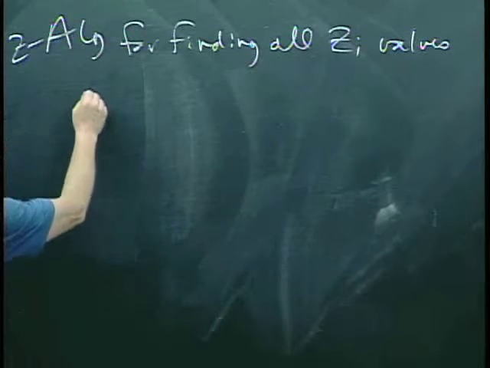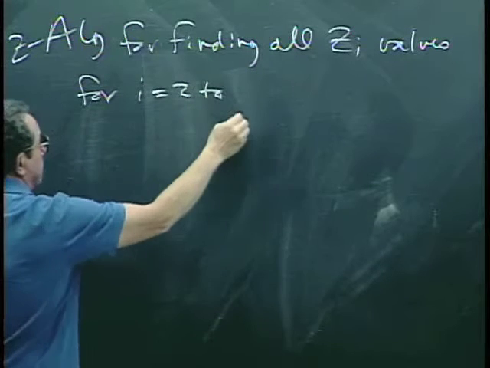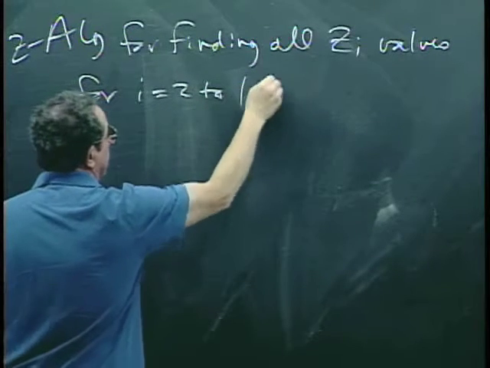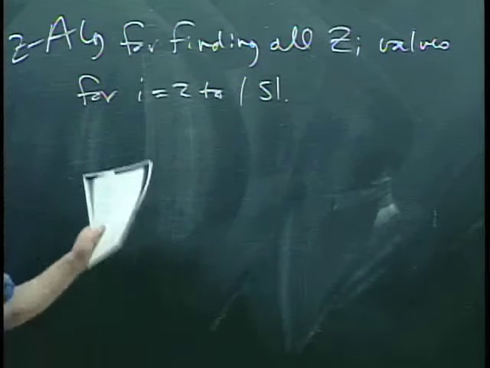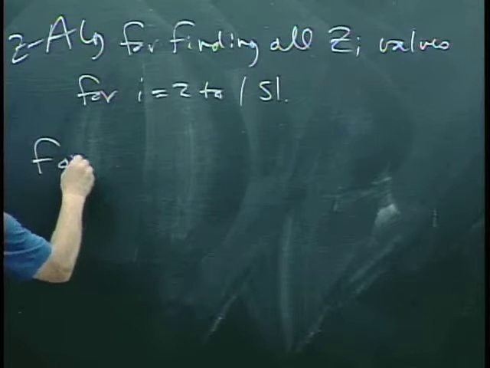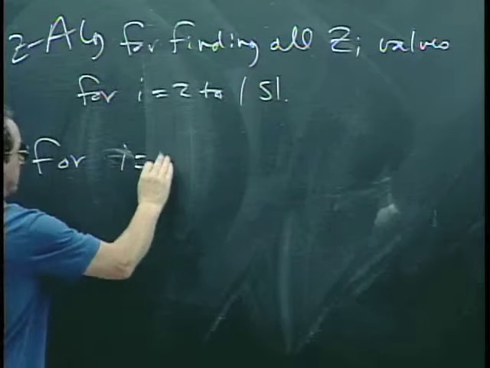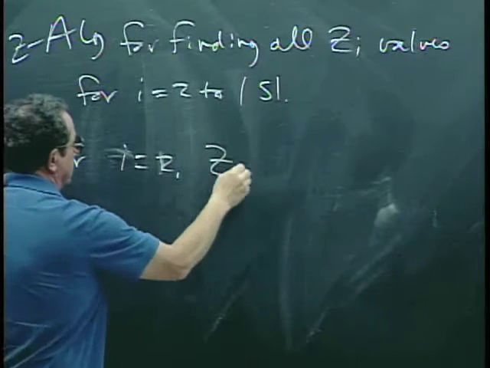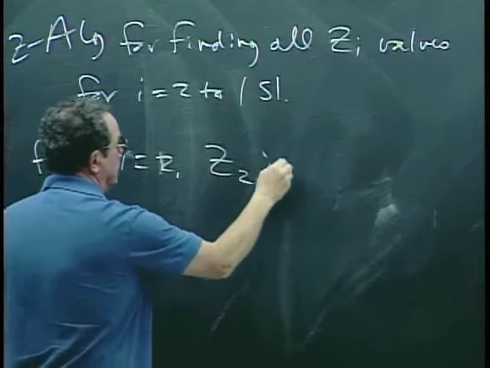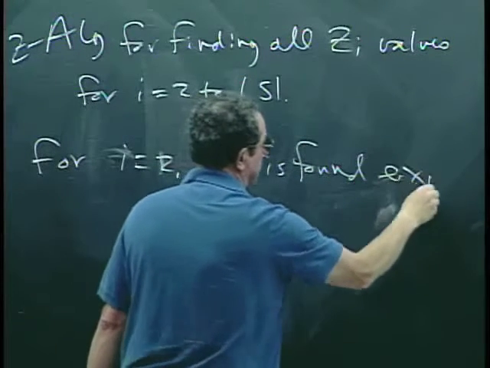And we're going to do this for i equals 2 to the length of S. So first we'll compute Z2 and then Z3 and so on. So for i equals 2, Z2 is found just explicitly.